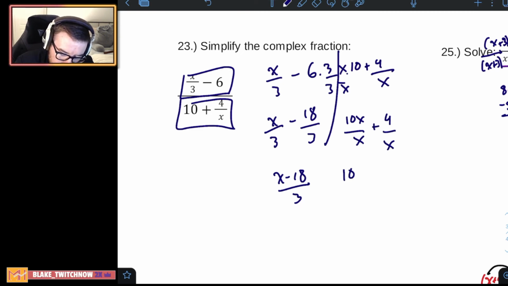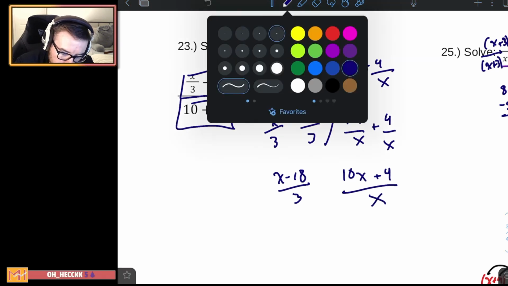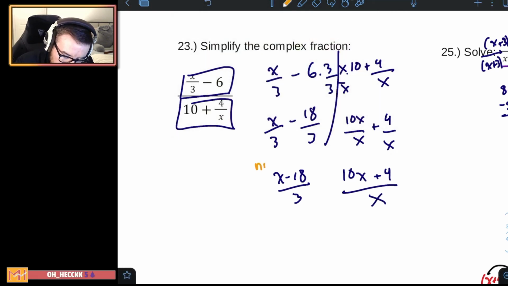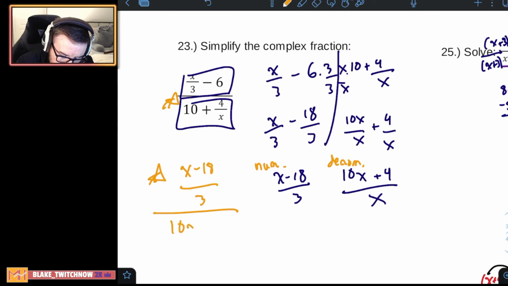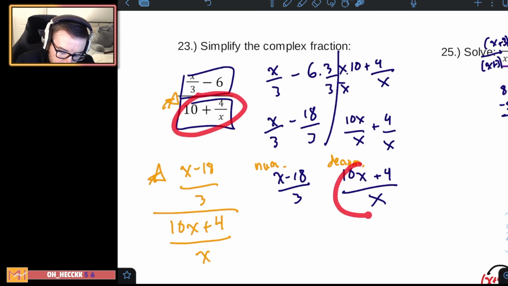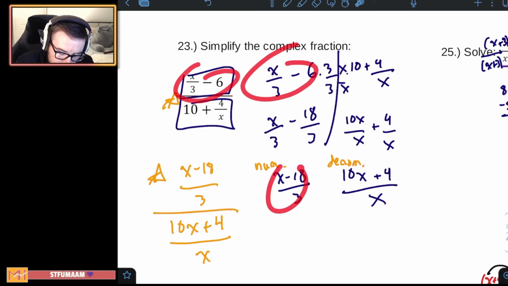And add those together. So we've addressed the numerator. We've addressed the denominator. So I just turned this into this. Because I combined these together into this, and I combined these together into this.